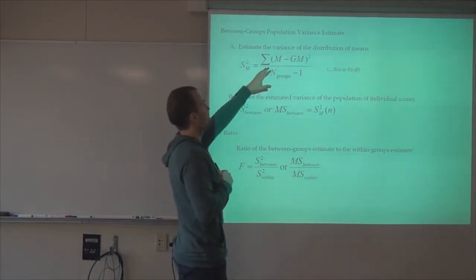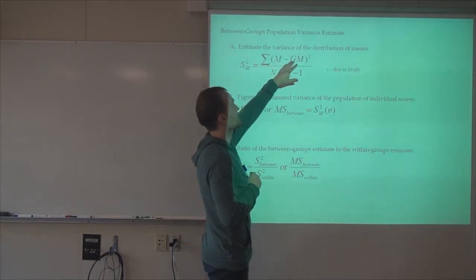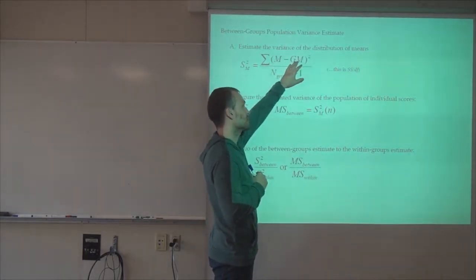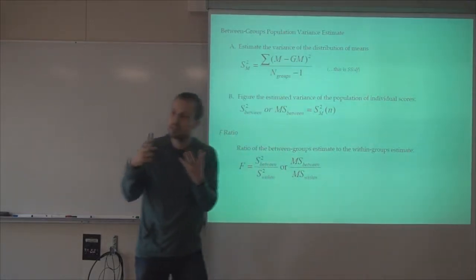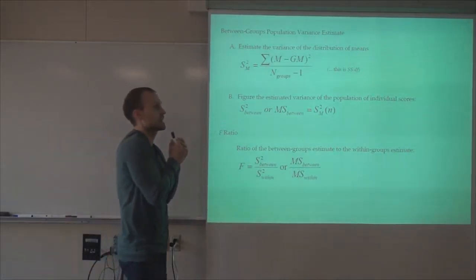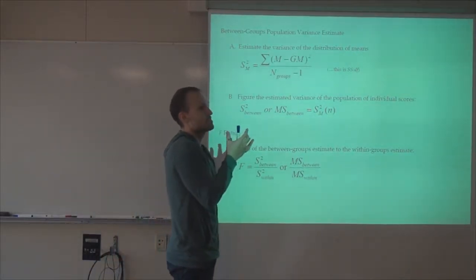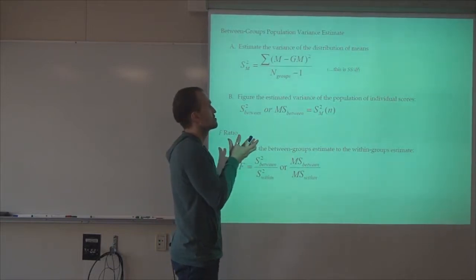So I'm going to have a bunch of sample means, and I'm going to take the mean of that, which I'll call the grand mean. As if now these sample means are my little set of sample values that I can work with. And I'm going to estimate the variance using those values.